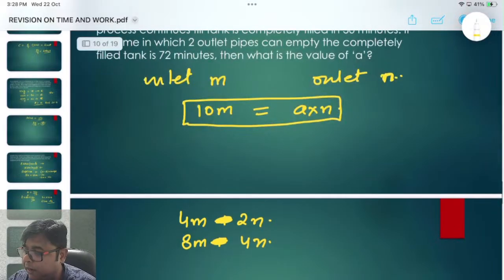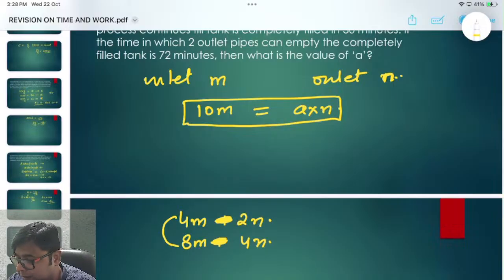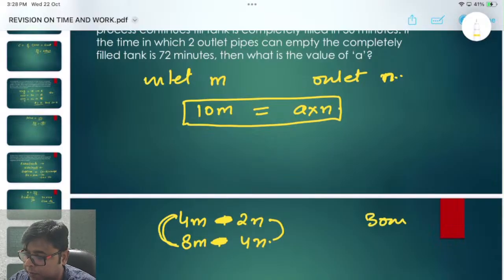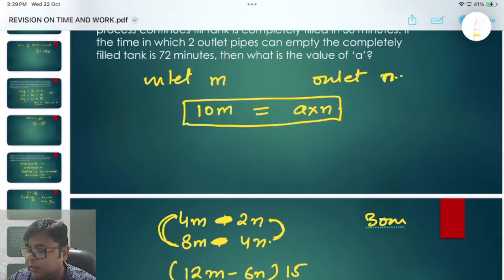So I know these values, right? So I know 12M is getting filled in 2 minutes and 6N is going out, right? And we have 15 such cycles to make 30 minutes. One cycle is 2 minutes, in which 12M is filling and 6N is going out. So 12M minus 6N into 15 cycles is the capacity again.